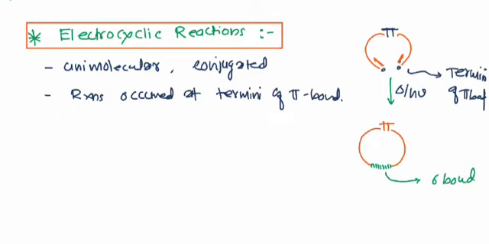Now let's look at the example. I just use that specific molecule. This is my conjugated molecule here. First of all, it is reversible. If it is reversible, the electron cloud moves around in a circle like this. We'll get the transition state in this fashion, and finally you will get the product here.